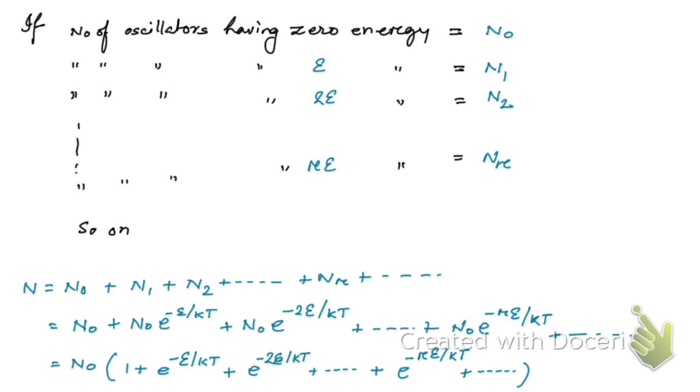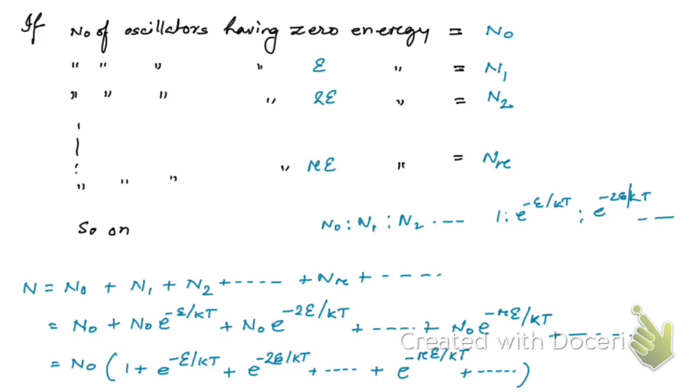As I have already told you, the ratio of these numbers N0 is to N1 is to N2 is to dot dot dot are in the ratio 1 is to e to the power minus epsilon by kT is to e to the power minus 2 epsilon by kT, and so on.